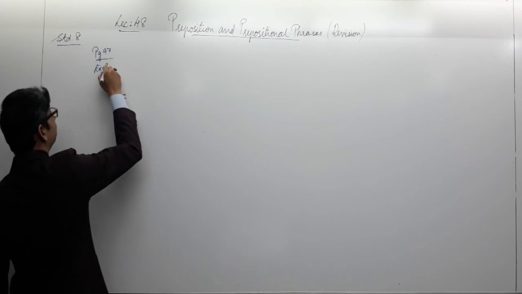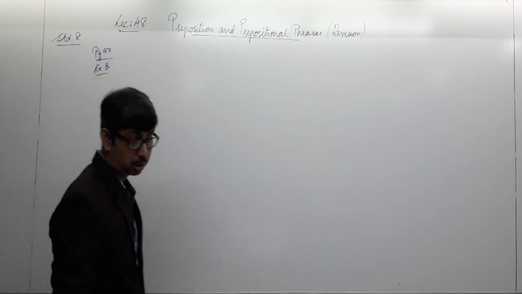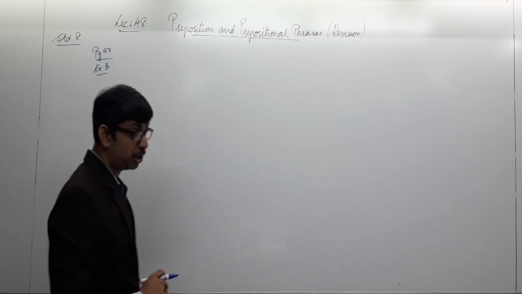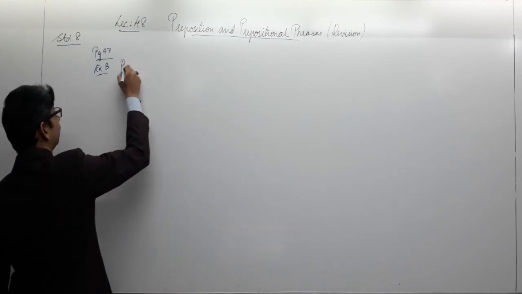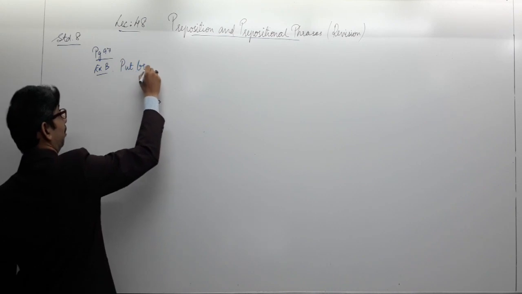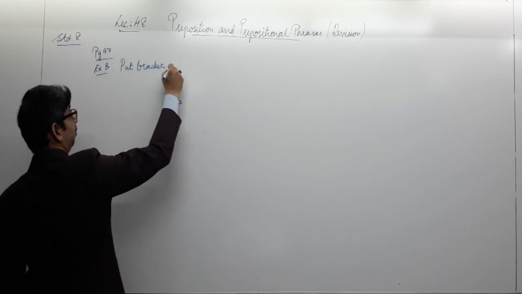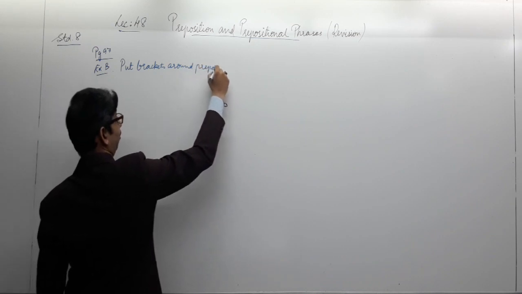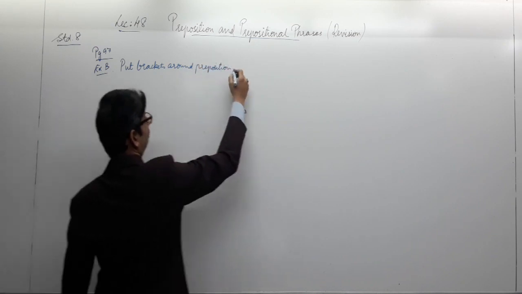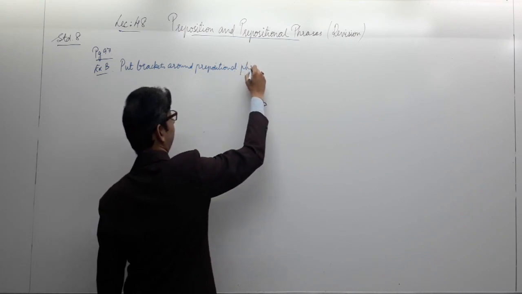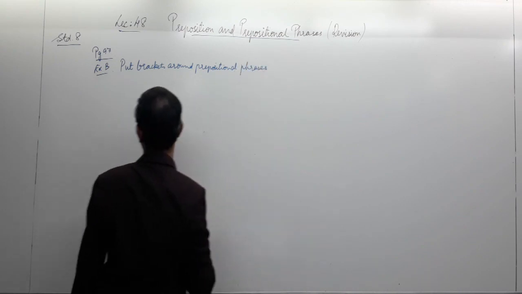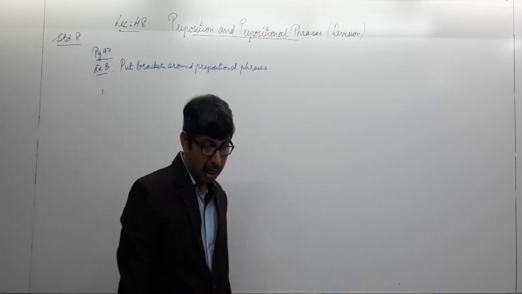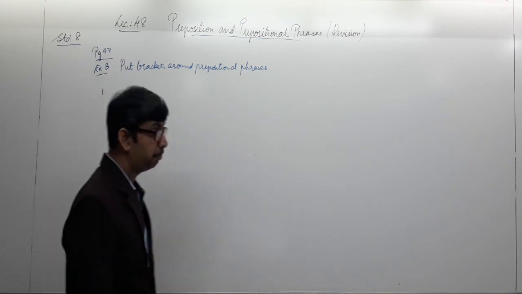Precisely, you have to put brackets around the prepositional phrases. One, after the example, Mrs. Smith added 2 cups of pumpkin to the pie.